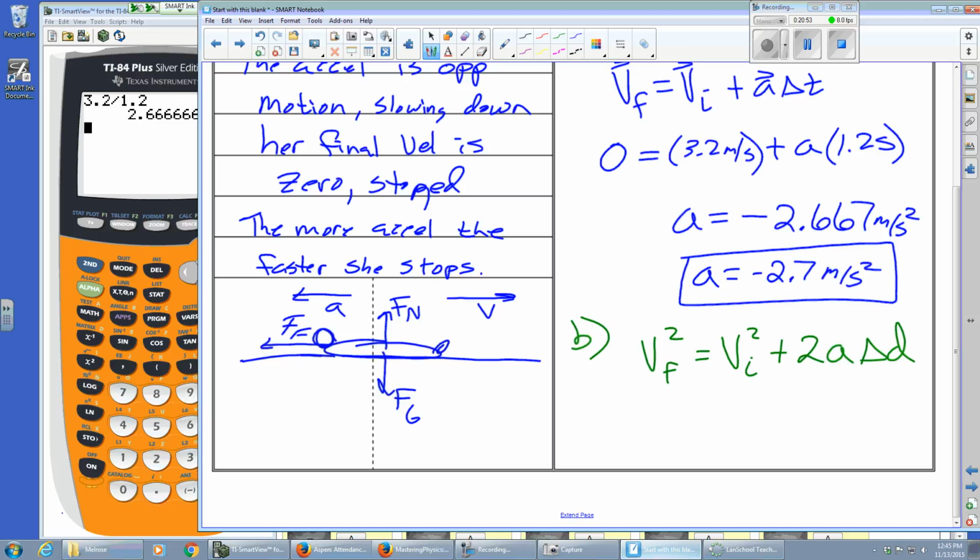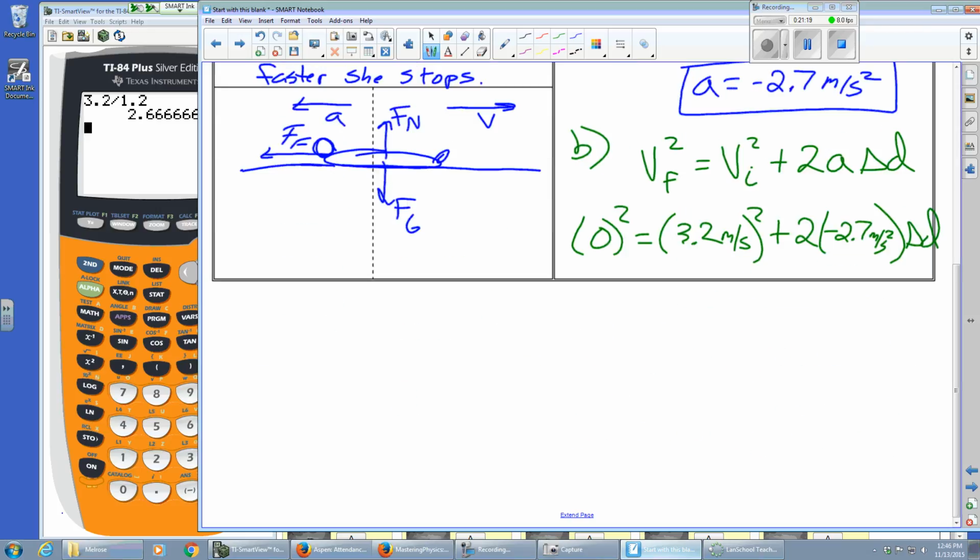That's your displacement, which is what they're asking for. So our v final is 0. Our v initial is 3.2 meters per second, squared, plus 2 times negative 2.7 meters per second squared, and delta d.